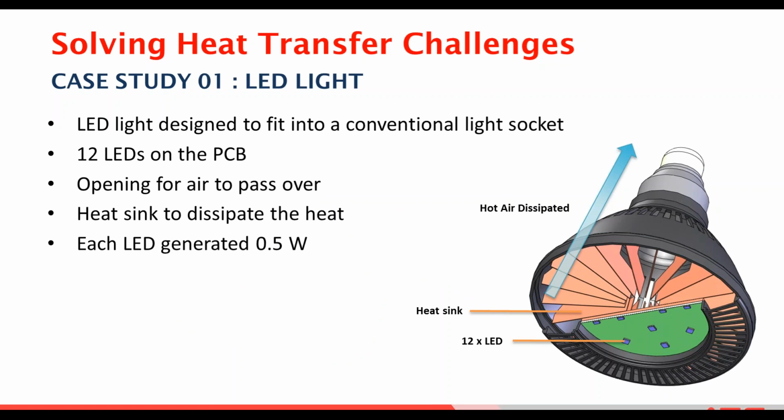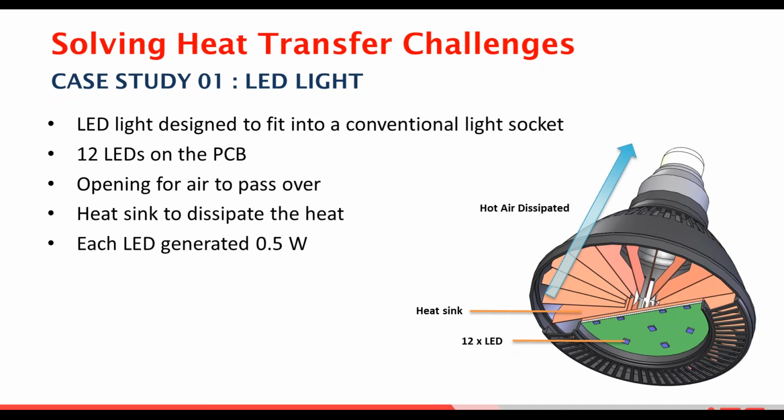Let's look at the first example, which is the LED lights case study. These LED lights are designed to fit into a conventional light socket, with the socket on the end and LED bulbs on the front.